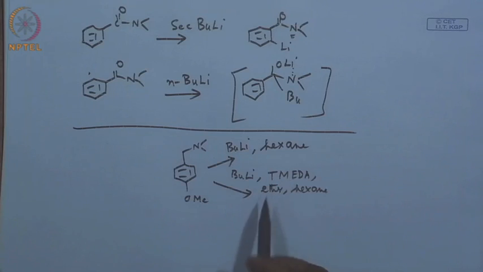But when you add TMEDA, it actually breaks up the tetramer. So, that means it is free, so it becomes more basic. That means the system is non-coordinating, so it cannot form chelation and so on. That means it will be guided by the acidity and basicity.